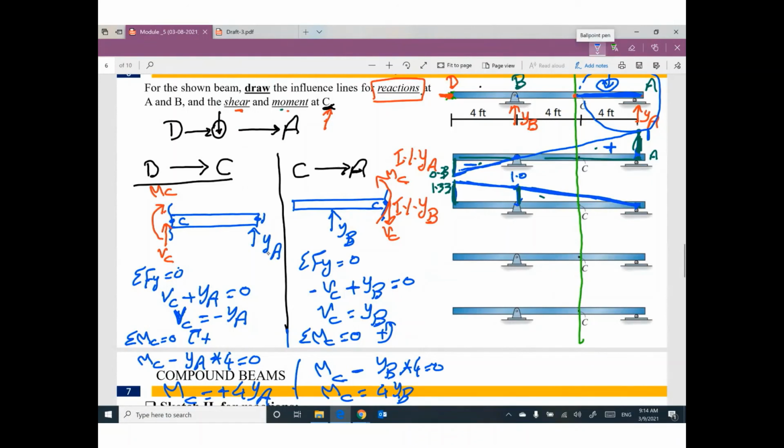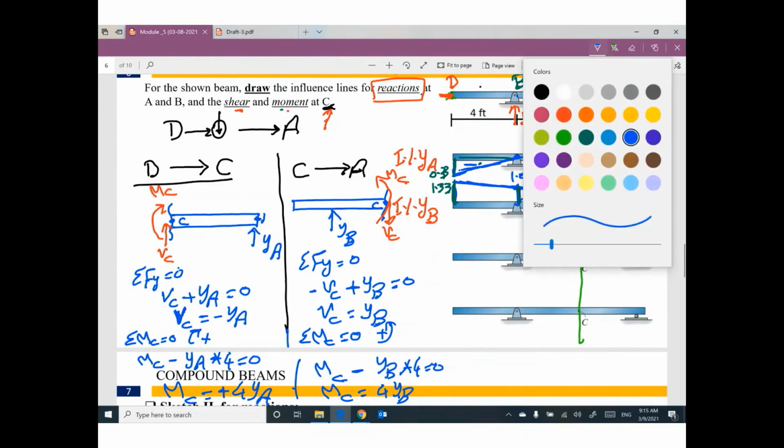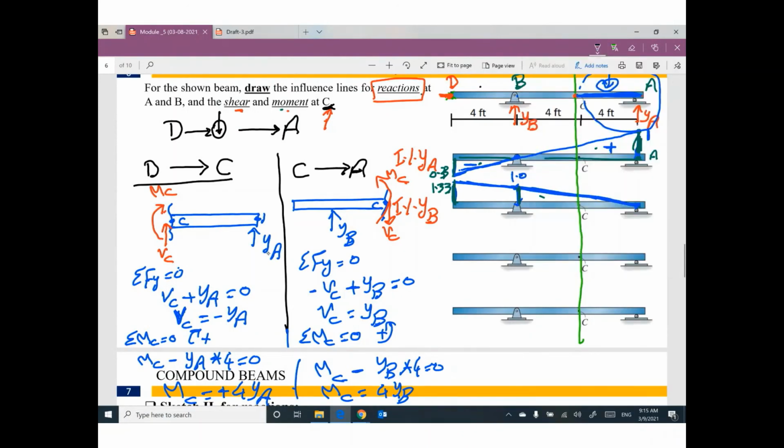How can I do this calculation? The first part, your moving load or your truck is moving from this end to this end. Point C intersects this strip into 2 parts. So the first strip will be between D and C. The second strip will be between C and A. If the car is on the first part, I will use the other part to be easy.